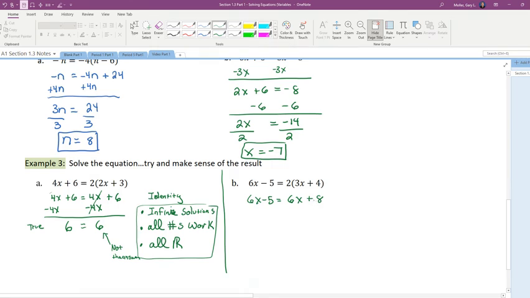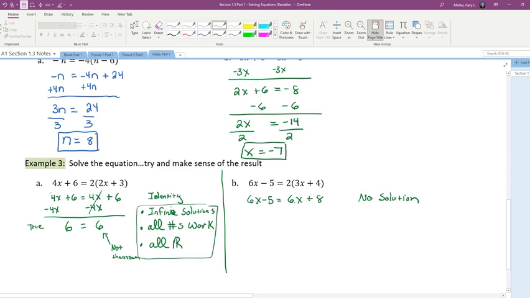Well, that's impossible, right? If I've got 4 minus 5, for example, and over here I've got 4 plus 8, those aren't going to be the same number, and they never will. So right away, there is a big hint that you probably won't notice, not right away, that no number is going to work. This is going to lead us to one that's going to have no solution.